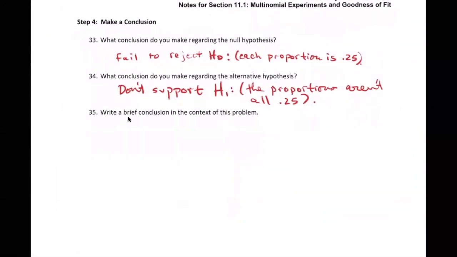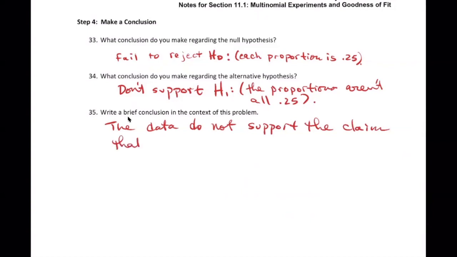And then we'll say the data do not support the claim that murders occur in different proportions depending on the season. Does that make sense?